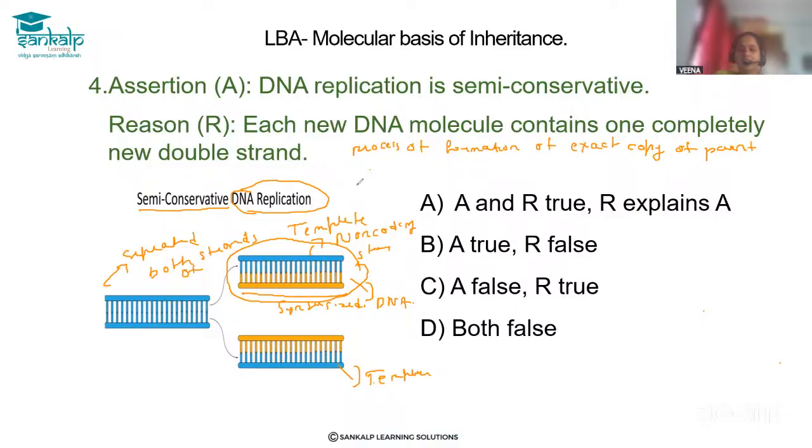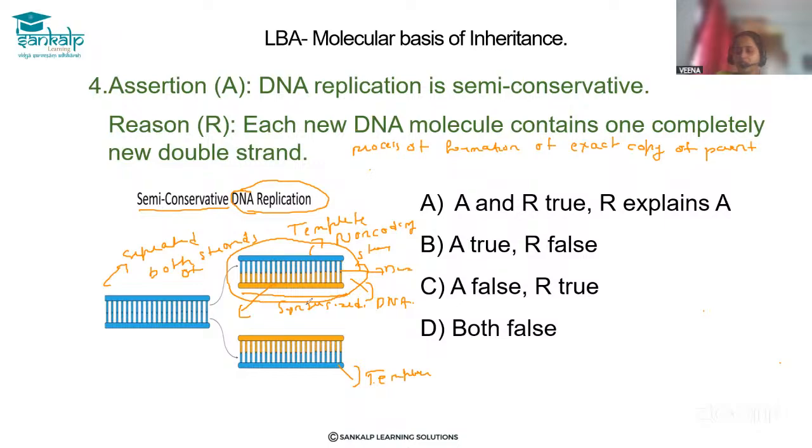Okay. So the assertion is correct. But the reason: each new DNA molecule contains one complete new strand. See, this is the new DNA molecule, yes. But does it contain both new strands? No. Here one strand is the older one only, that is the template strand. To the template strand, whatever complementary strand is there, that is the only new one.